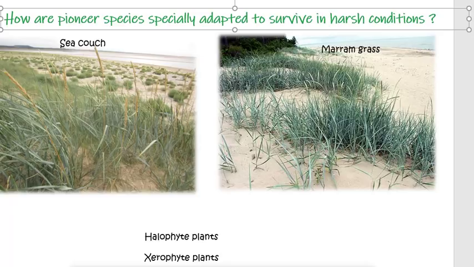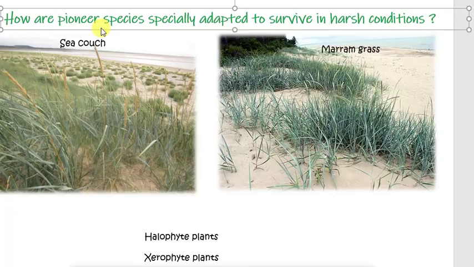So one is just in the question: how are pioneer species specially adapted to survive in harsh conditions? A pioneer species is one of the first species that can colonize, in this example that you're looking at, your depositional landforms or your sand.